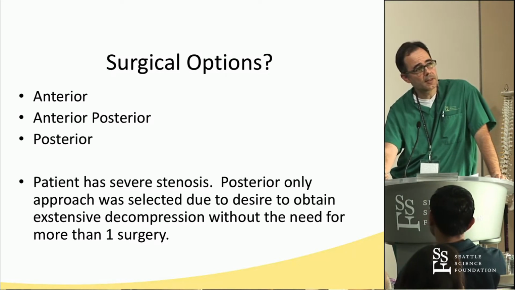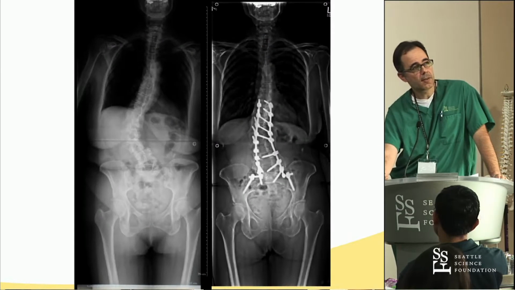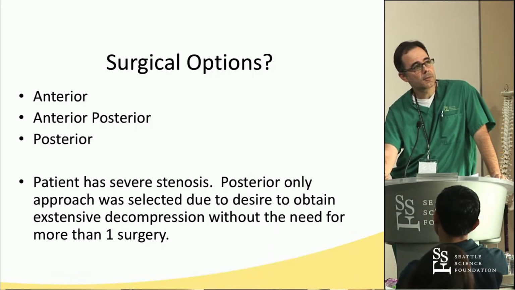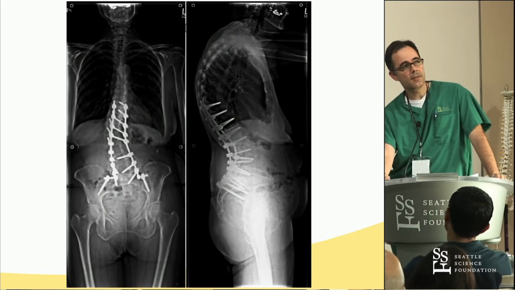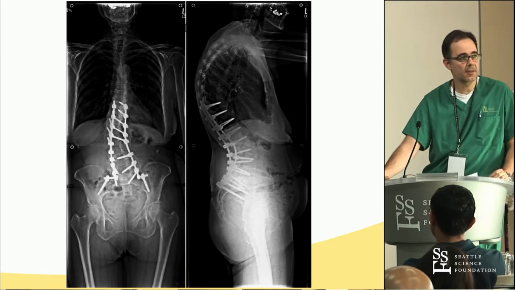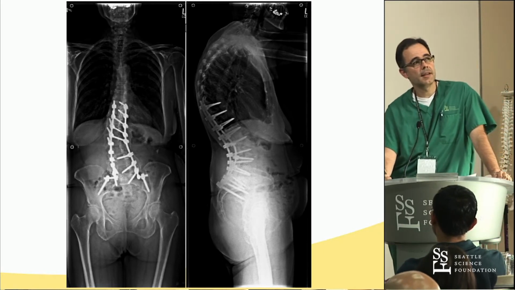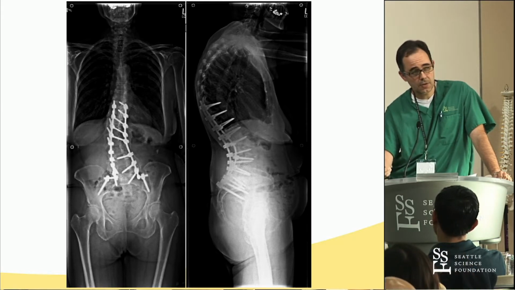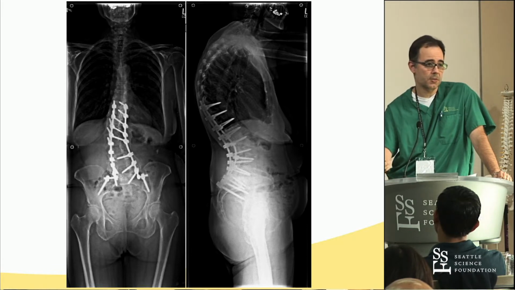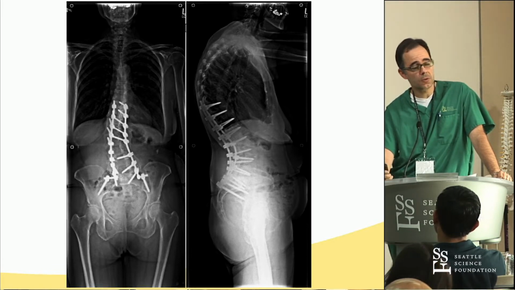So we ended up doing a standard T10 to pelvis. This is a fairly standard case, and so far this woman is 5 years out from surgery, doing well, no trouble.